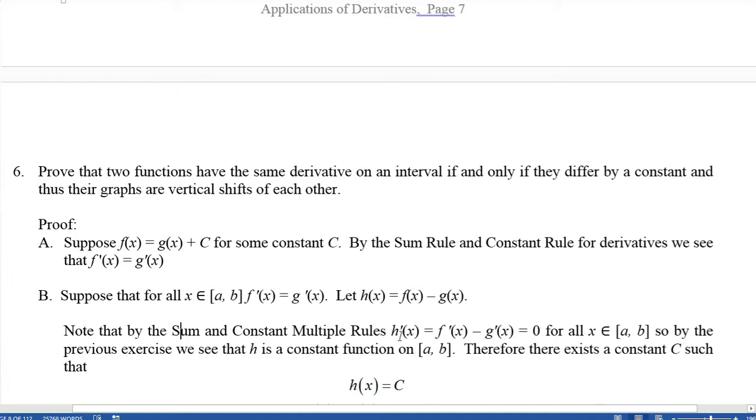But we know that's going to be 0 for all x in the interval, because they have the same derivative, right? Our hypothesis right here was that they had the same derivative. So that difference right there is 0. So h prime is 0 for all x in that interval.